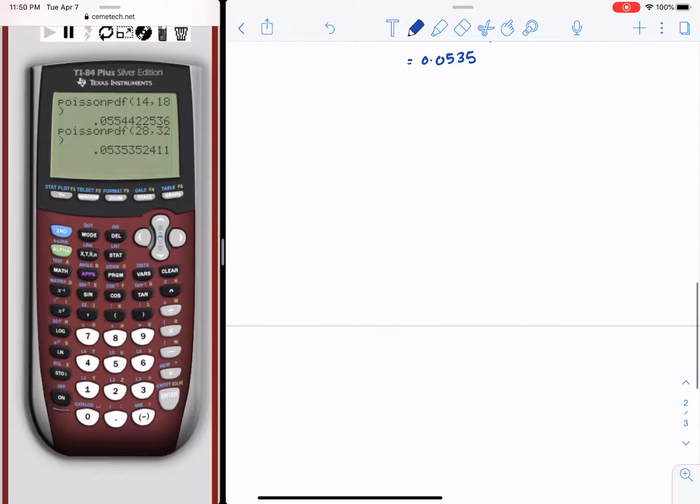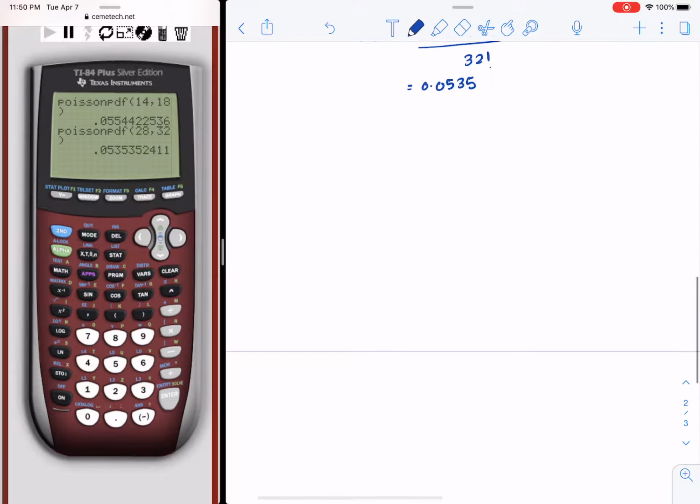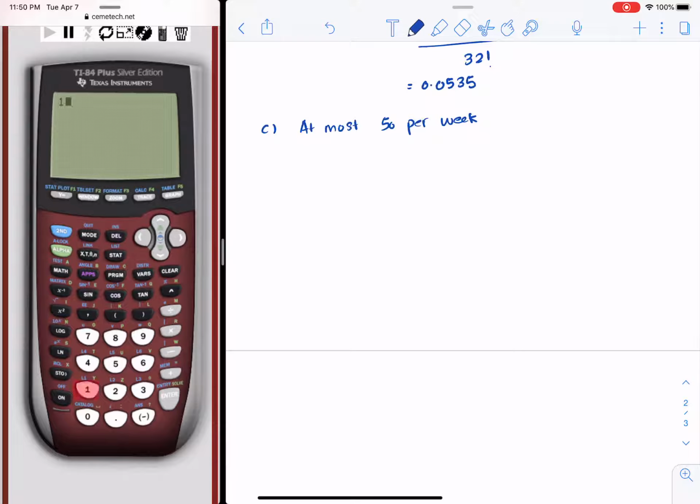And the last one, we have at most 50 per week. Now, we have about 14 patients per day, and times 7, we have about 98 patients that we expect. If we're expecting 98, the question here is, what are the chances that we only see at most 50 per week?